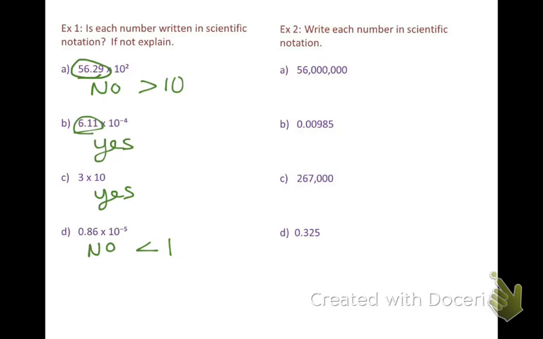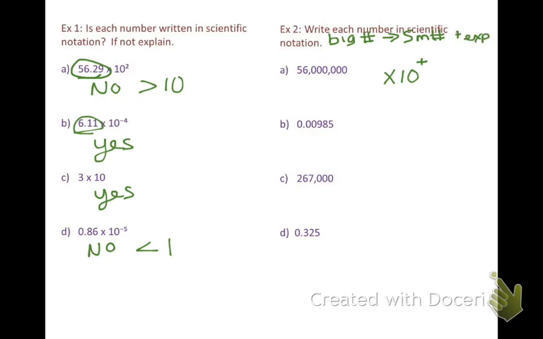Okay, write each number in scientific notation form. Now, if we're going from a big number to a small number, I'm going to tell you times 10, it's going to be a positive exponent.